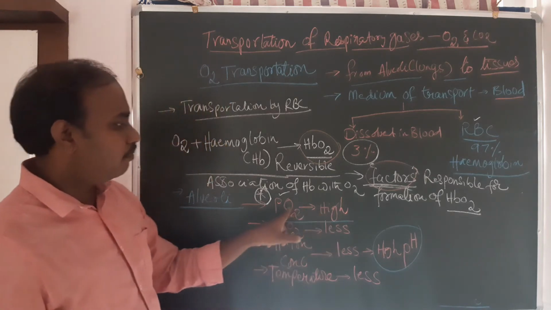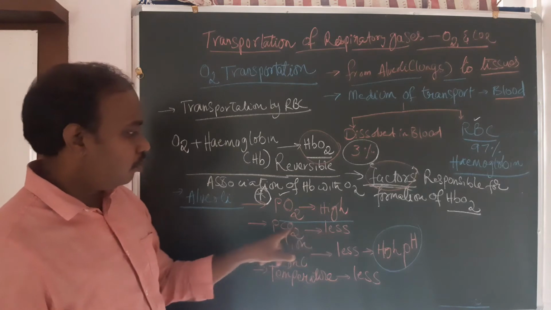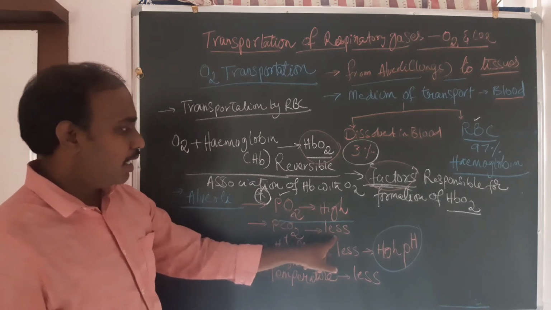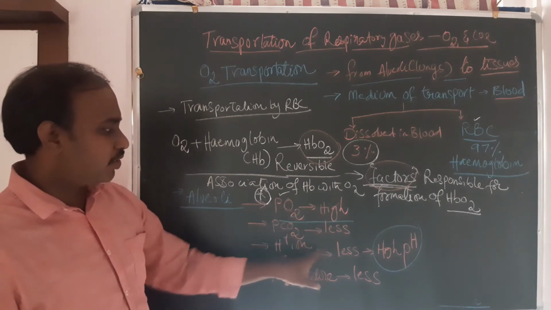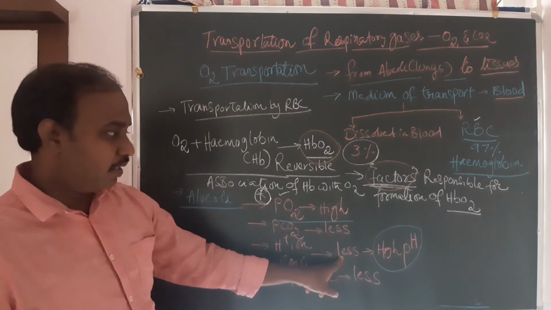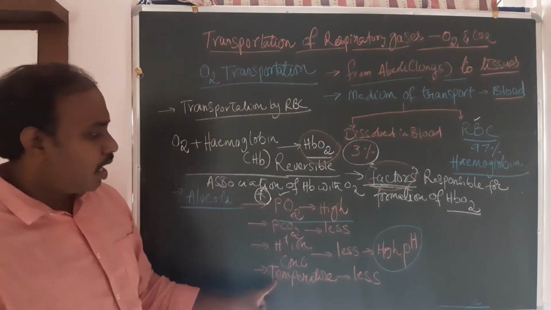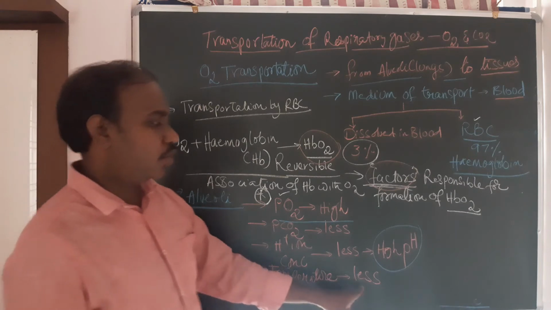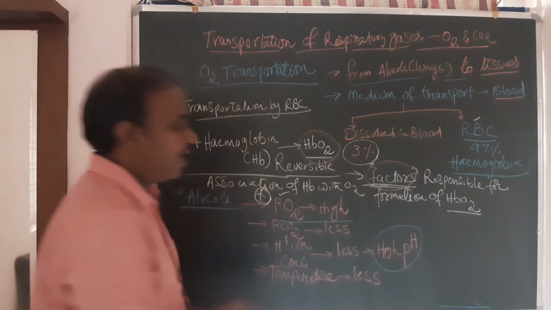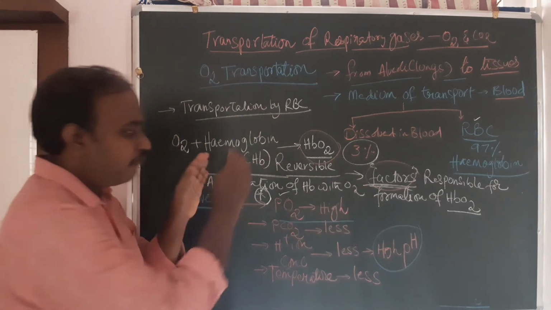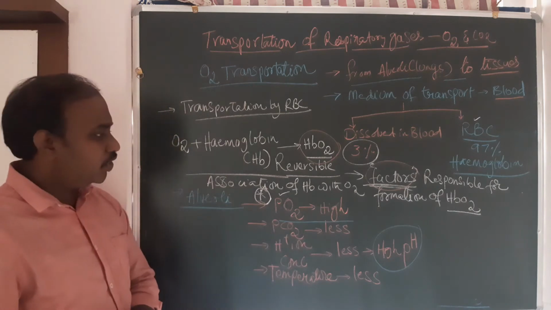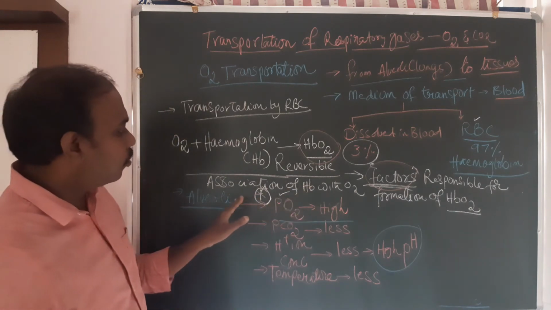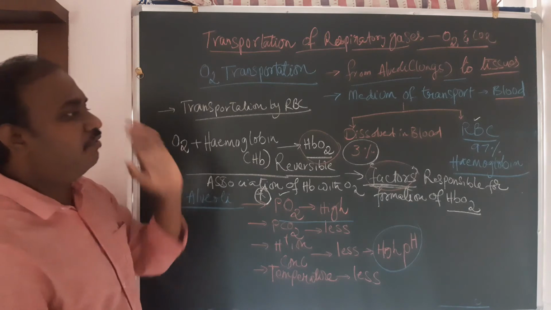It should be high partial pressure for oxygen and less partial pressure for carbon dioxide. H plus ion concentration should be less, that means high pH, and temperature should be less. All these four factors favor the formation of the oxyhemoglobin at the site of alveoli.